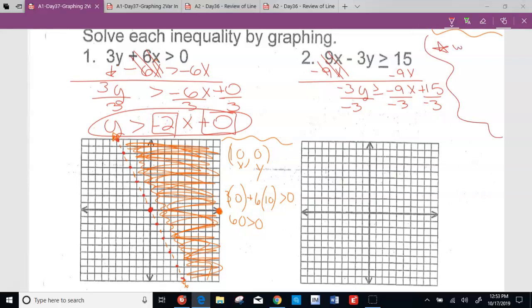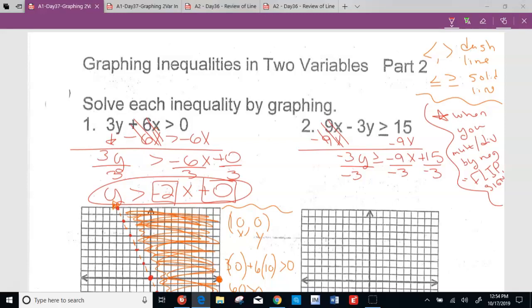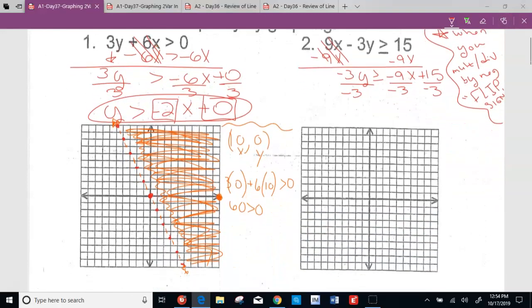Oh, so like if it becomes from a negative to a positive, you flip the sign? Yes, exactly. When you multiply or divide by a negative, flip sign. When you multiply or divide by a negative, you're going to flip the sign.